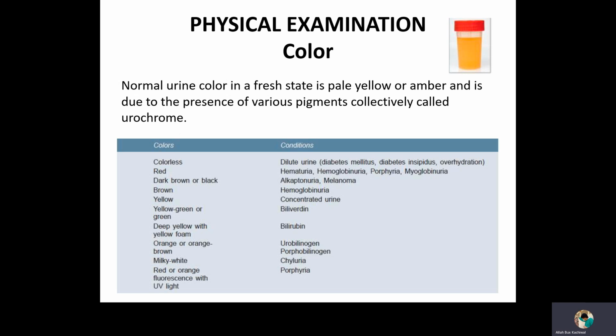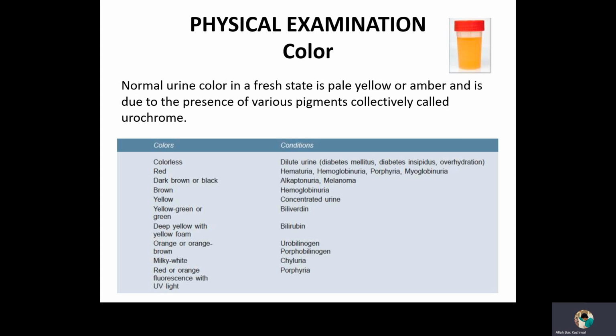Physical examination for color. Normal urine color in the fresh state is pale yellow or amber, due to the presence of various pigments collectively called urochrome. The colors can change. Colorless urine might be dilute urine, diabetes mellitus or diabetes insipidus, or overhydration, giving urine without any color, transparent and colorless.